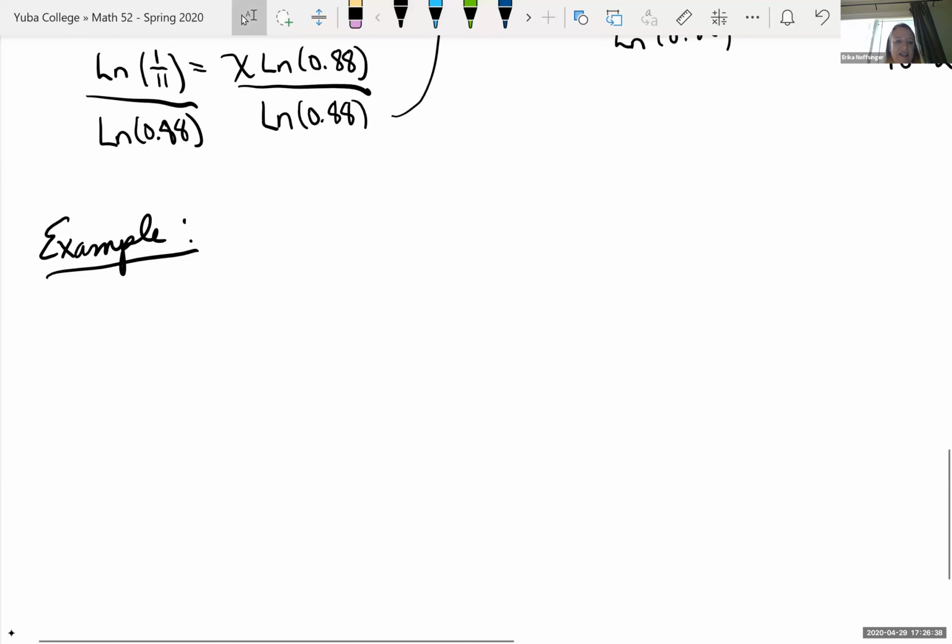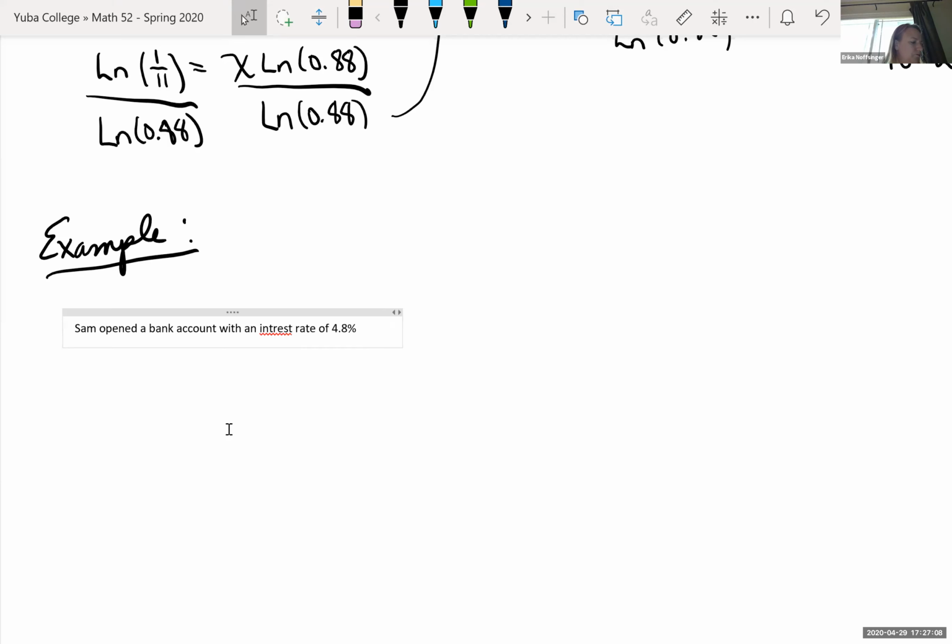And I think I'm going to try typing it again. Okay, so we have Sam. He opened a bank account with an interest rate, I can't spell, 4.8%, that compounded annually.